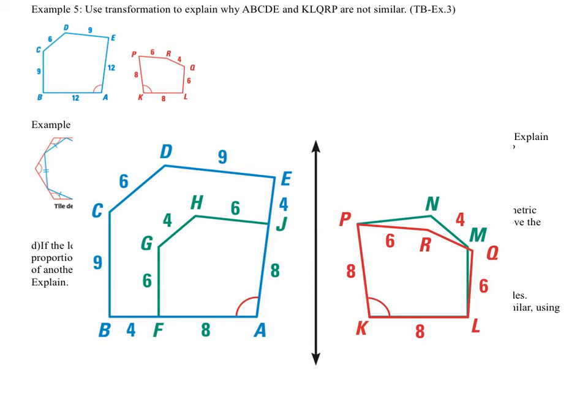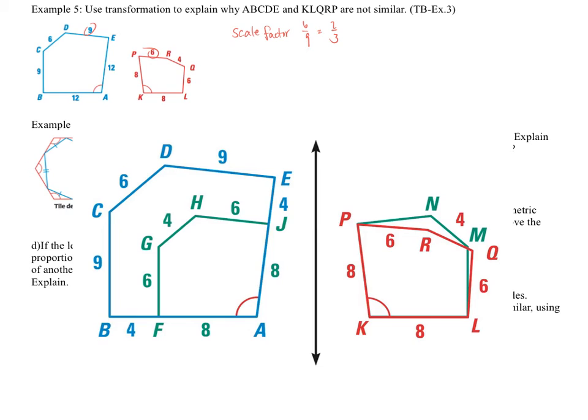Example 5. Use transformations to explain why ABCDE and KLQRP are not similar. This is an example from your textbook, example 3. Well, if you look at the corresponding sides, you may notice that the scale factor, we'll just use 6 and 9, is actually 2 to 3.